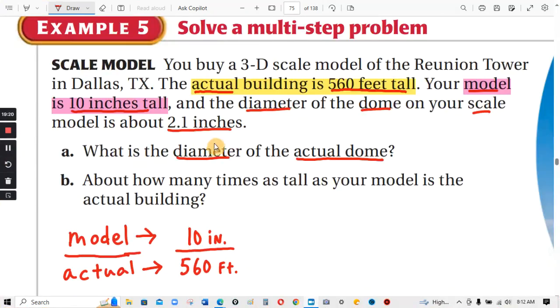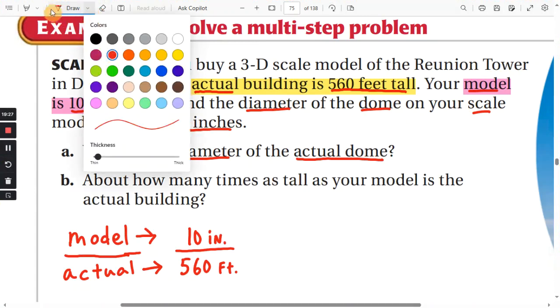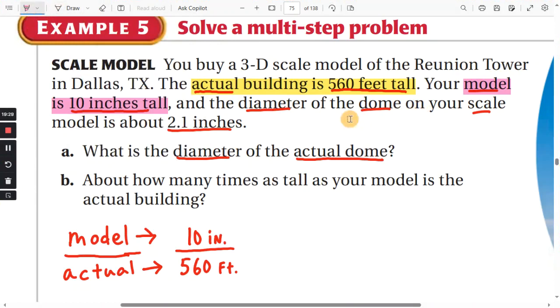All right, and it says the diameter of the dome on your scale model is 2.1 inches. So I guess I'll highlight that in the same color, because I highlighted the model in pink for the other part of it.